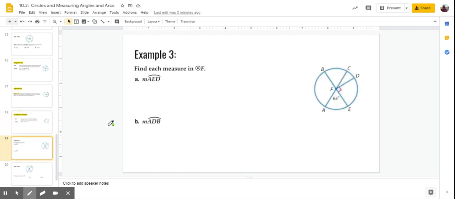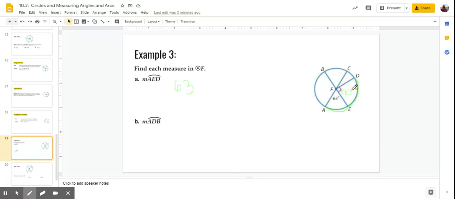All right, and now we're going to find each measure in circle F. So it says find the measure of arc AED. I'm highlighting that, AED. And I know that AE is 63, and I know that DE is actually 90 because that's 90 degrees, even though it's just a red box.